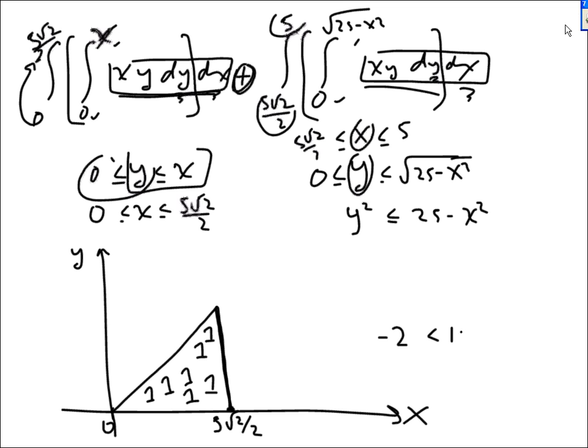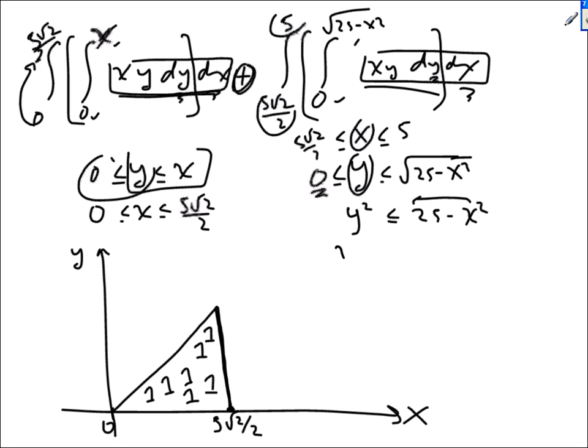Negative 2 is less than 10, and when I square both sides, it's still true. So when they're less than 0, you can't do it, not if you don't know the values. I don't know what y is, I don't know what x is, but nonetheless, since they're positive, I can do this.